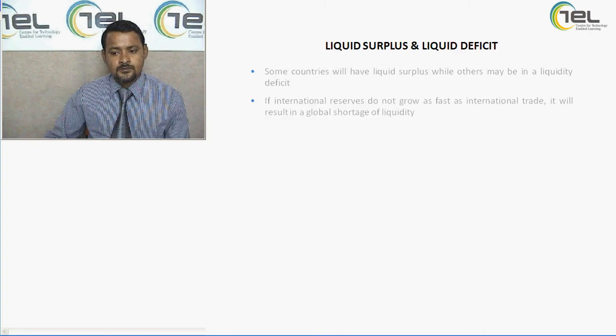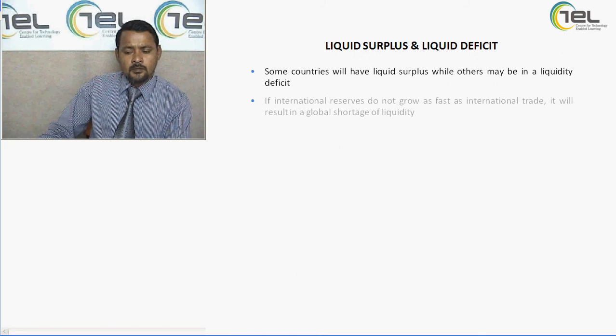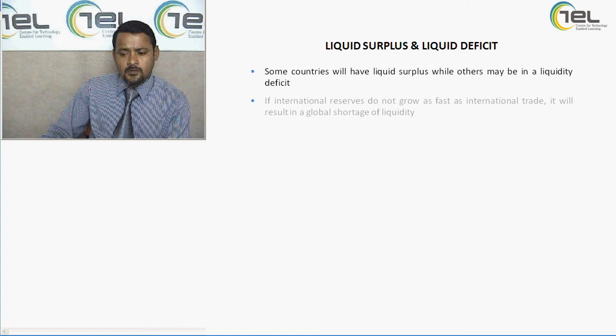Some countries will have a liquid surplus, whereas some will be in liquid deficit, which means some countries with a positive balance of payments and GDP growing to a larger extent will have a liquid surplus, like India and China. But some countries will be in a liquidity deficit, like Pakistan experienced 5 years ago.